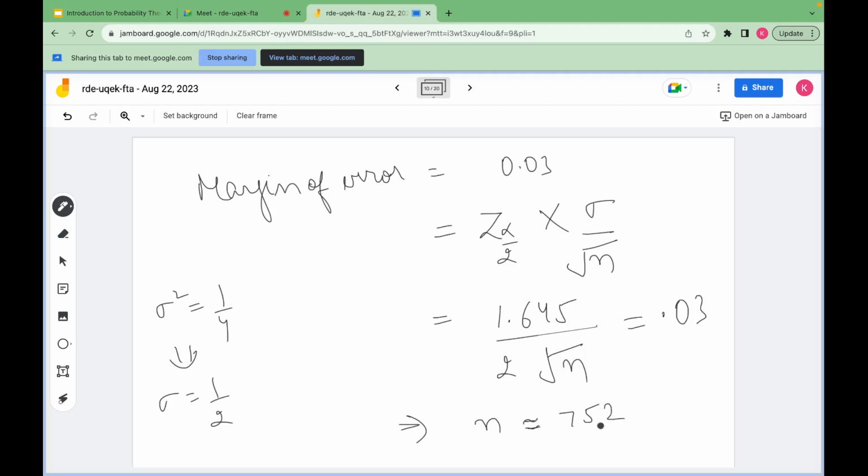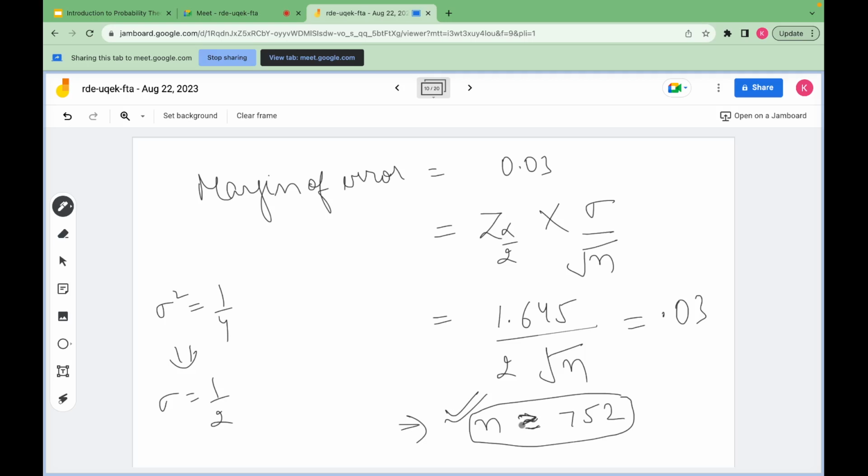752. So the sample size should be above 752 if we want the margin of error to be 0.03 with confidence level 90%. For that, this value of n should be greater than 752.